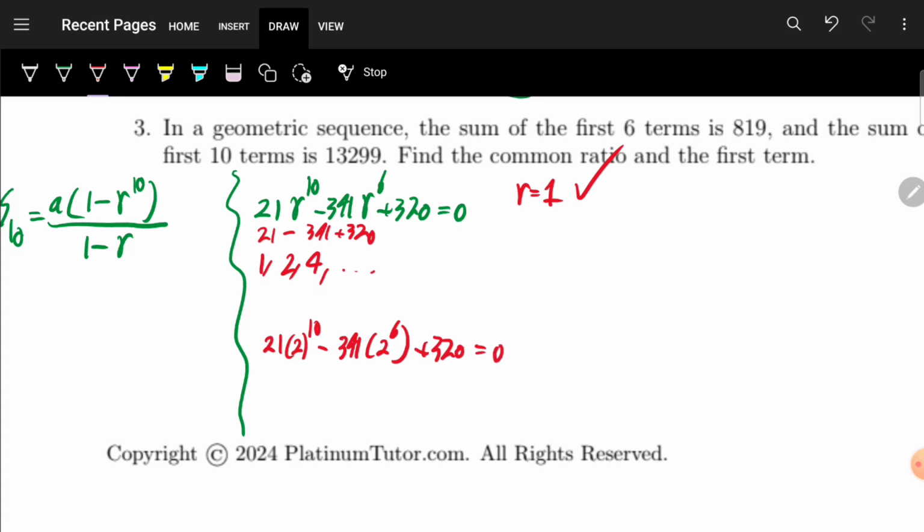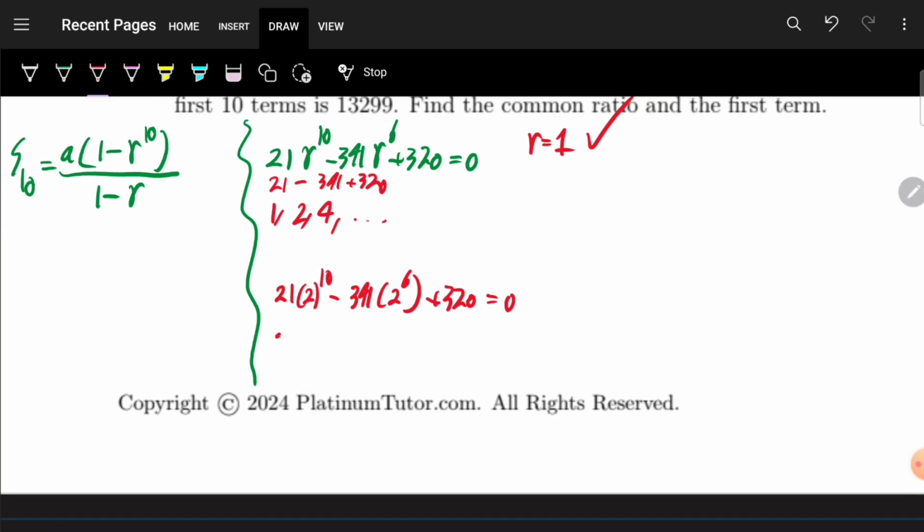So let me work through this. 21 times 2 to the power of 10, okay, that's 21,504, minus 2 to the 6 times 341. That's 21,824, plus 320.